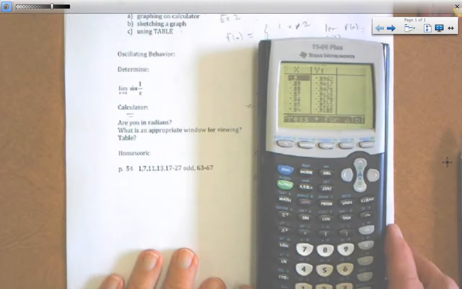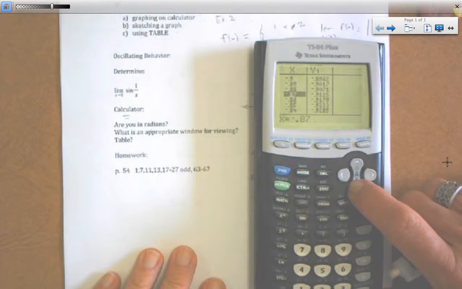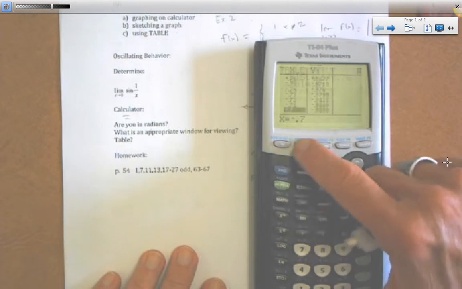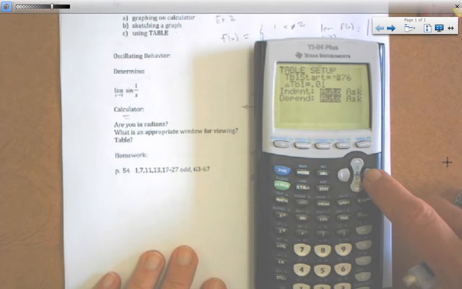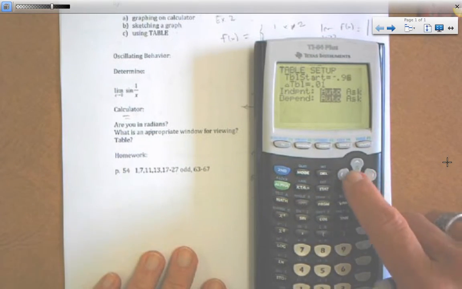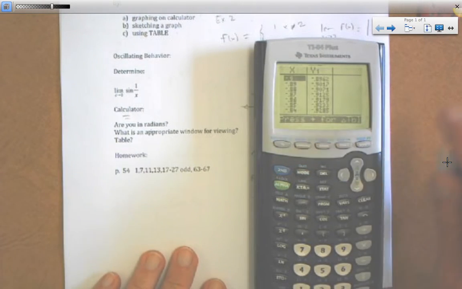Looking at our table, negative 0.9, I've got negative... I think I must have entered a negative. Let me go back and see what I entered. Oh, negative 0.76. So let's start at negative 0.9 and go back to my table. Here we go.